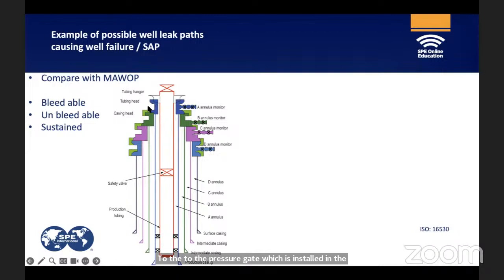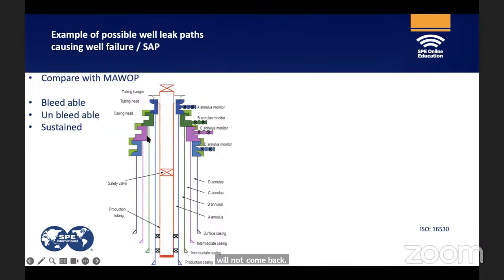But when we bleed this pressure, this pressure should go off, and only the incremental heat which is brought will cause the fluid to expand, and the rate of increase of the pressure in this A annulus will be substantially less. The pressures in subsequent annuli could also be contributed by thermal, but the effect of thermal is very less in the subsequent annuli, which are B, C, D annuli, and which will also be cured if we bleed the pressure, so it will not come back.